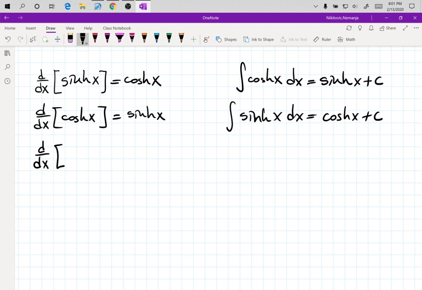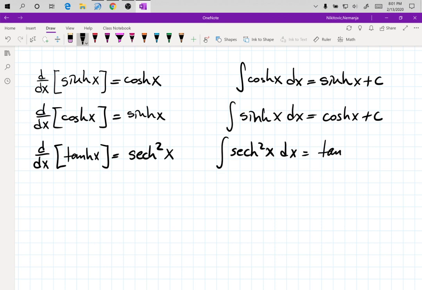Derivative of tangent hyperbolic x is, as you would like it, secant hyperbolic squared x. Integral of secant hyperbolic squared x dx is tangent hyperbolic x plus c. And now for the other 3, you have minus signs.